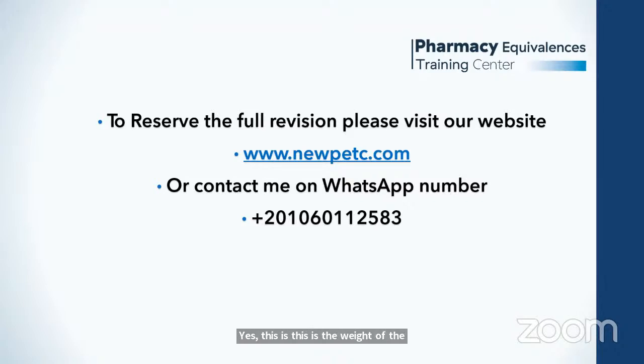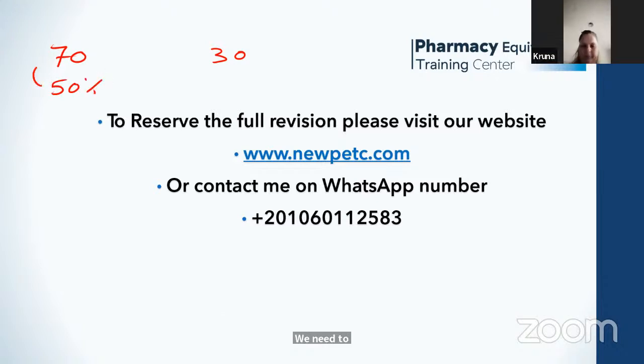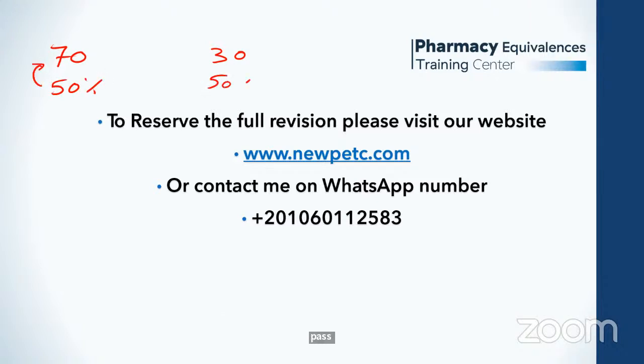Suppose we have 100 questions, 70 questions will be therapeutics and 30 questions will be pharmaceutics. It's approximate, not a stable or constant percentage. It depends on the model. And the passing record is different here. What I'm asking is, do we need to pass 50% of this and 50% of this?